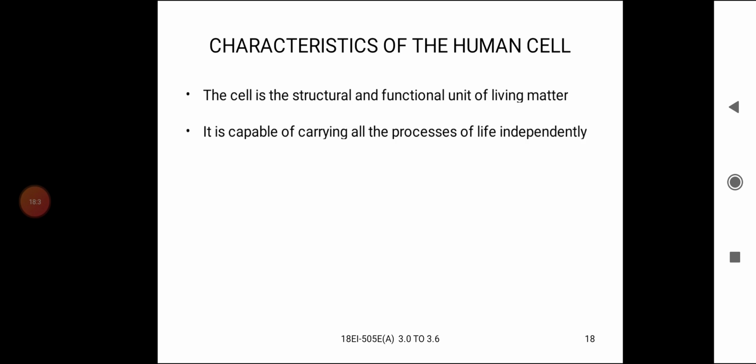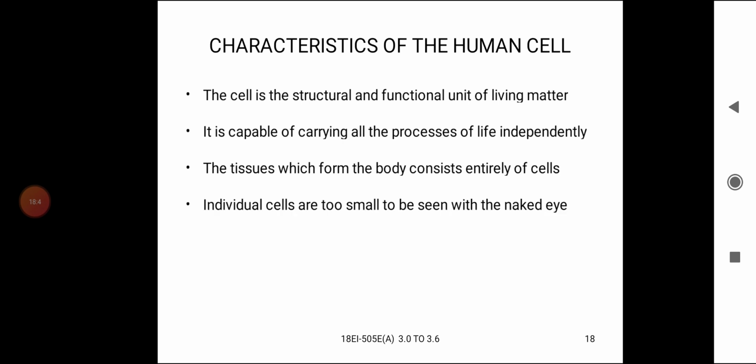It is capable of carrying out all the processes of life independently. The tissues which form the body consist entirely of cells. Individual cells are too small to be seen with the naked eye. They can be seen in thin slices of tissue by using a microscope.